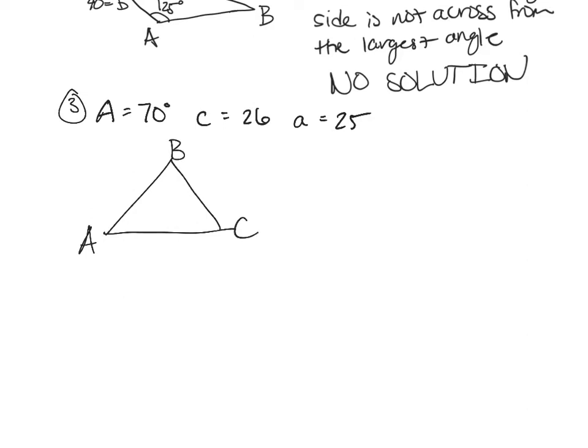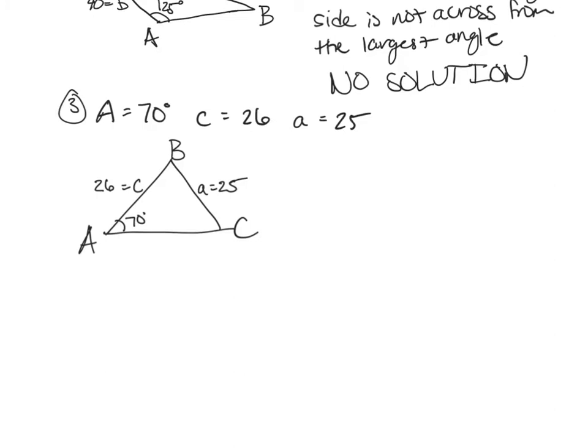A, B, C. You'll also notice that I will go through and change the placements of my A's, my B's, my C's, just for whatever suits my need. So you don't always have to keep it in the same spots. I know that side length C is 26, side length A is 25, and angle A is 70 degrees. So I look at this, this is another example of side-side angle.